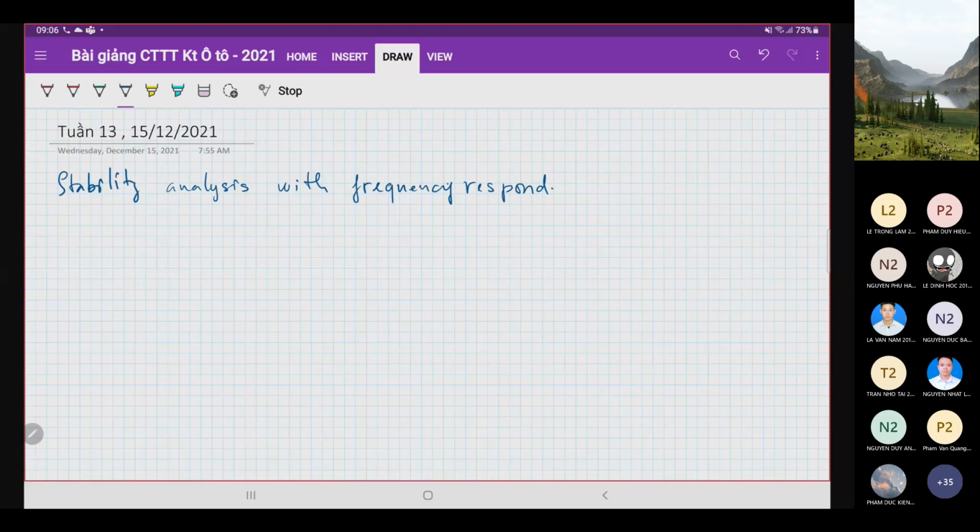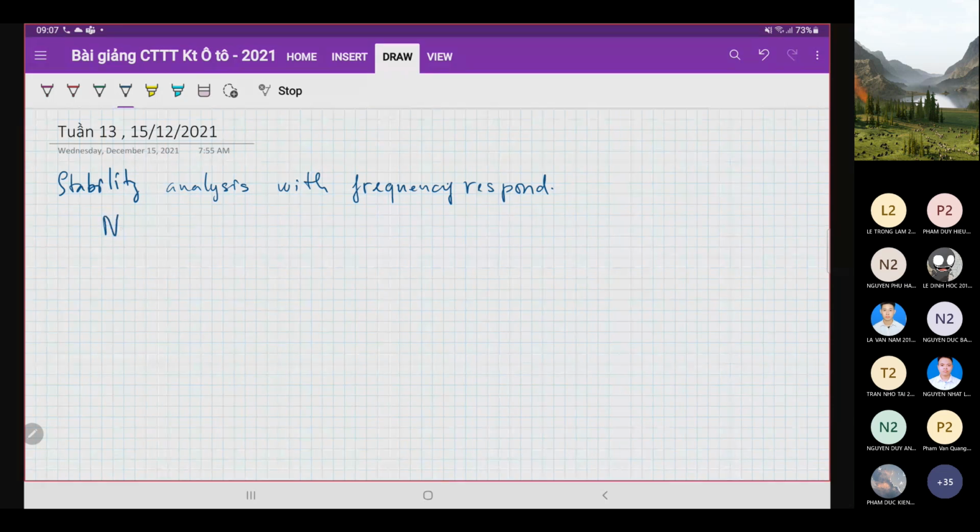Stability analysis with frequency response, and the criterion we use for this analysis is the Nyquist stability criterion.